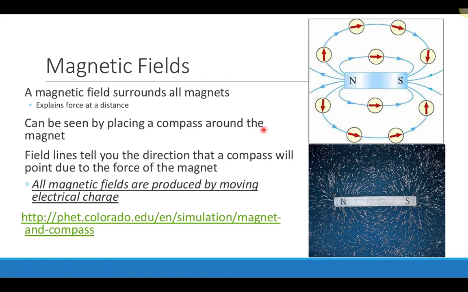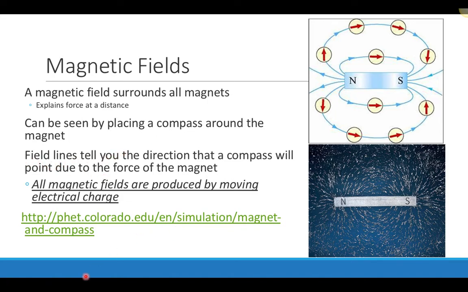And the type of magnet that we put nearby is a compass. And a compass basically just consists of a little tiny magnet that's sitting on top of a pin of some sort, and so that compass needle is able to rotate in the presence of another magnet.